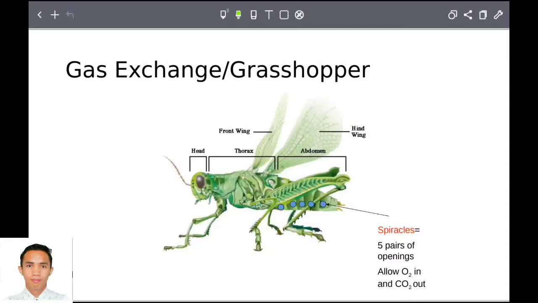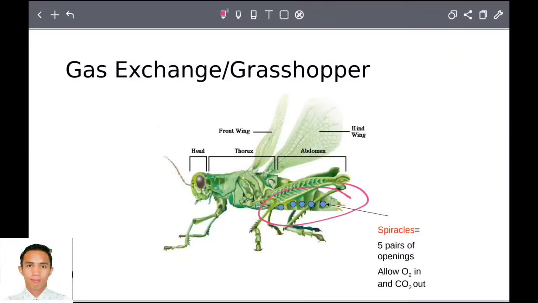Now let's go to gas exchange for the grasshopper. Here we have this area, which we call a spiracle. Spiracles are 5 pairs of openings that allow oxygen to come in and carbon dioxide to come out. Let's see another picture. Here are pictures of the spiracle openings. In this area, oxygen comes in and carbon dioxide comes out.